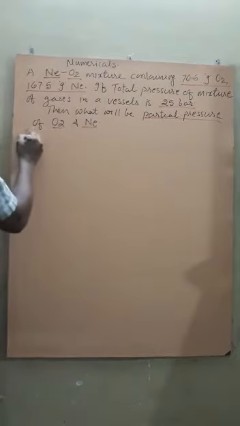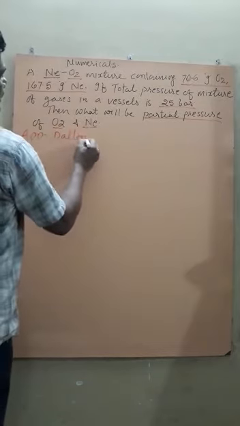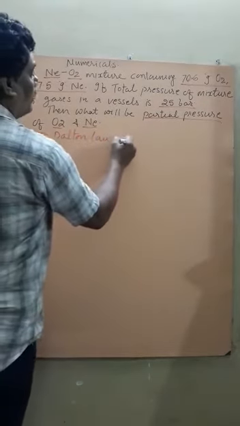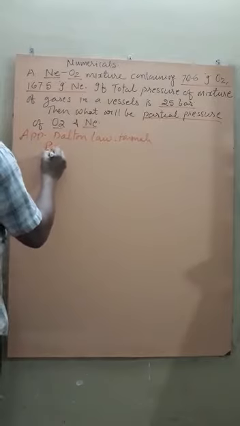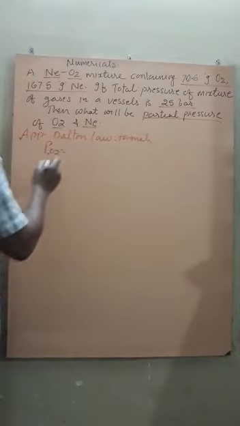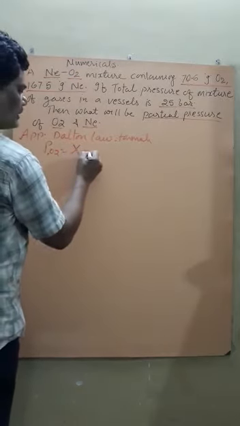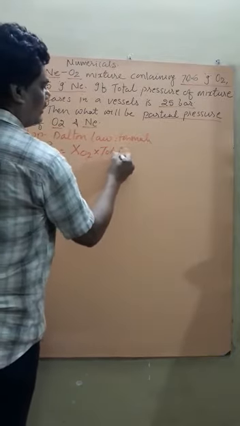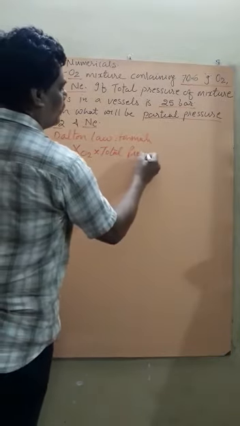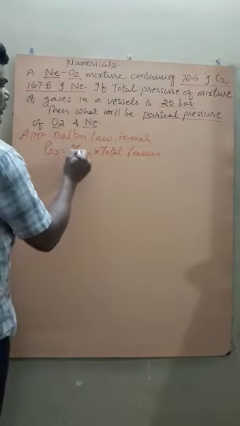So applying Dalton's law formula. What is the formula? The partial pressure of oxygen gas is equal to the mole fraction of oxygen gas multiplied by the total pressure. We are given the total pressure, which is 25, but XO2 is not given.